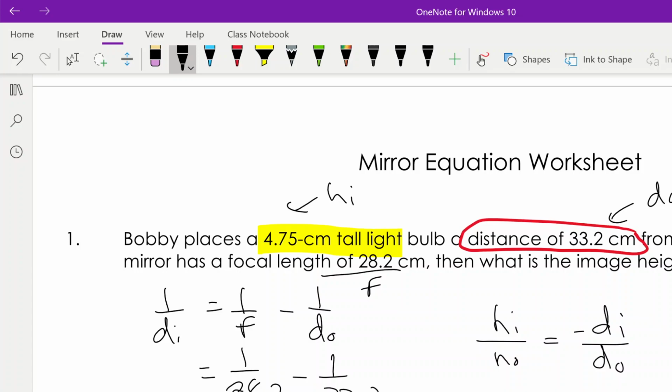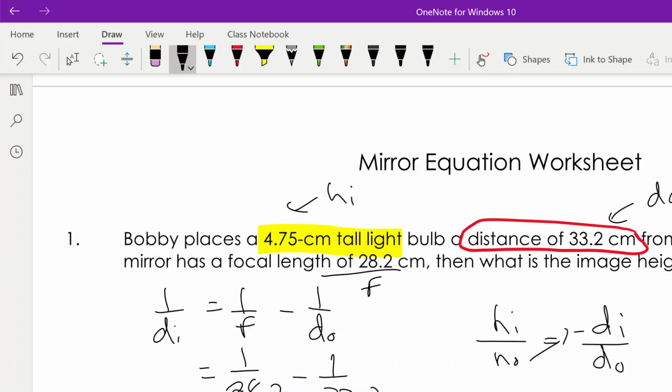I'm going to cross multiply and bring that to the other side. So HI will equal negative DI over DO times HO. I'll let you plug the numbers in, using what you get from the previous problem where we found DI.